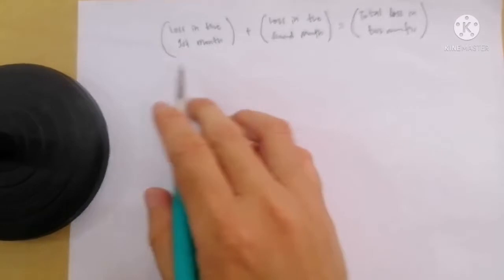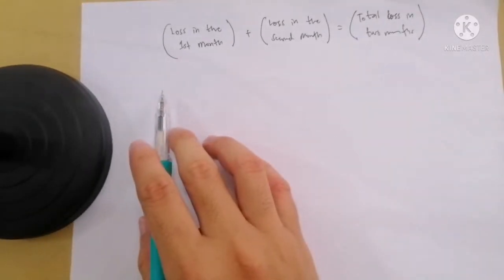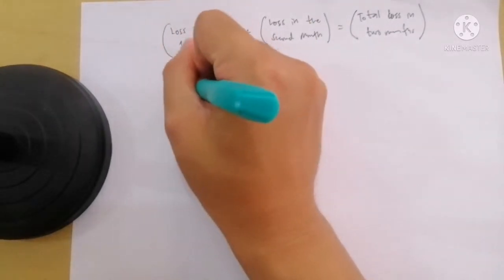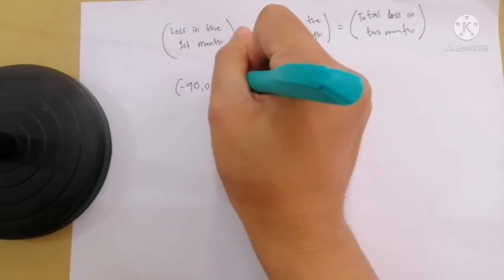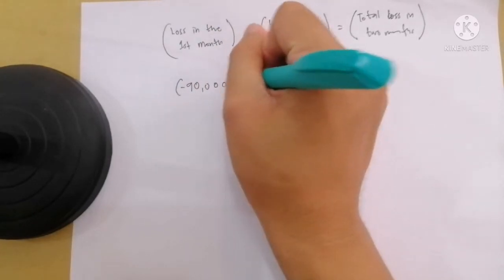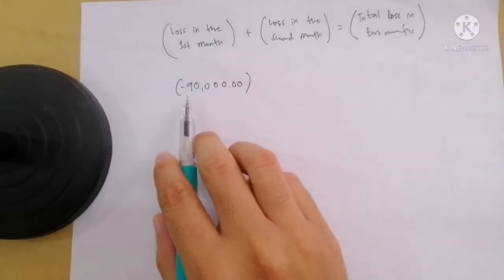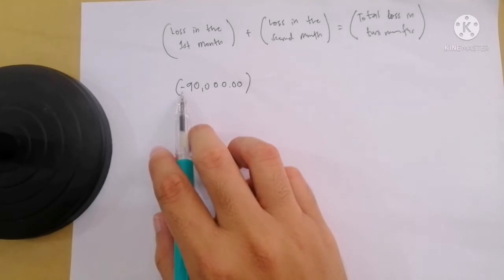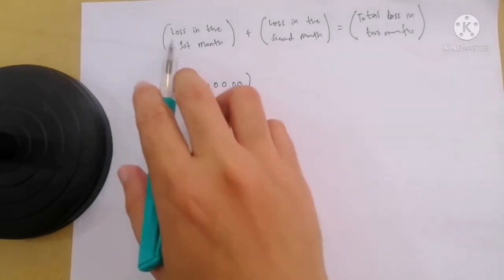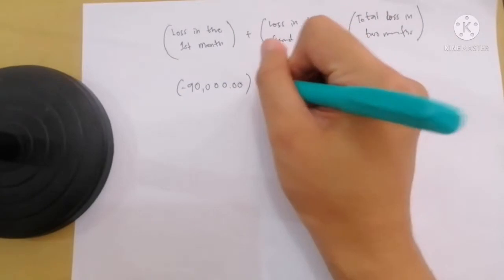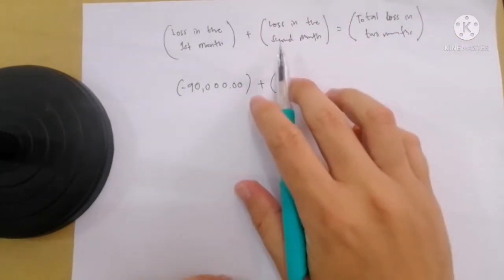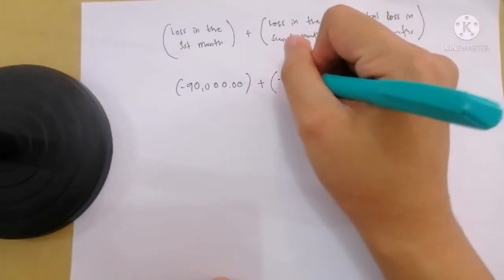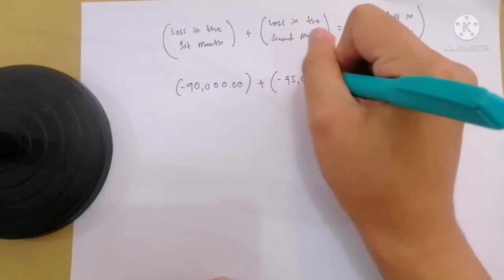Okay, so this is the equation that we have created out of the problem. On the first month, its loss is 90,000. We are going to place a negative sign here because it pertains to loss. And then we have here another on the second month, 45,000 pesos.